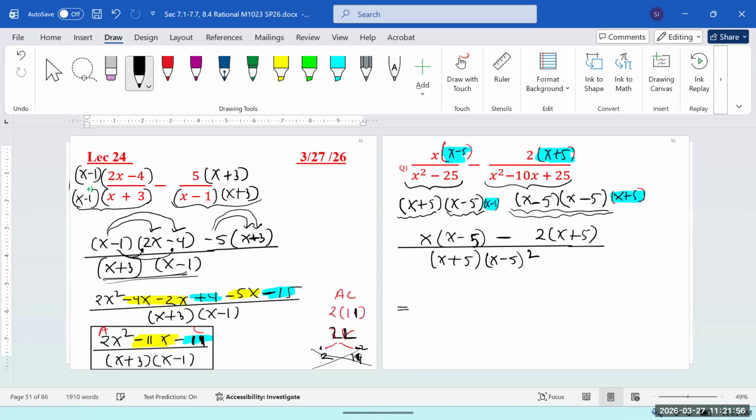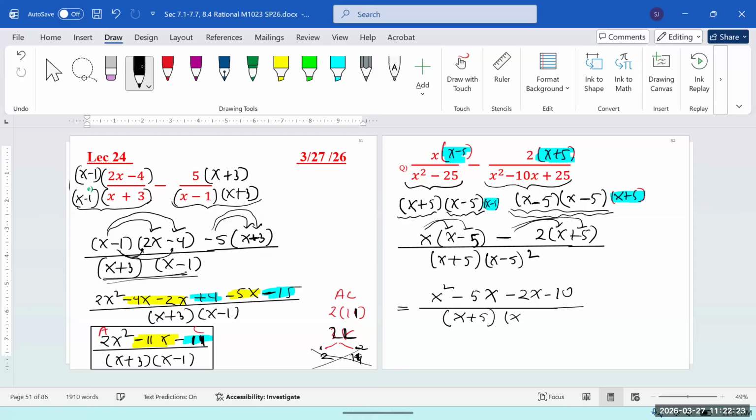Okay. Who would like to try the rest? Yusuf. Minus 5x. Minus 10. Perfect. And do not do anything on the denominator.